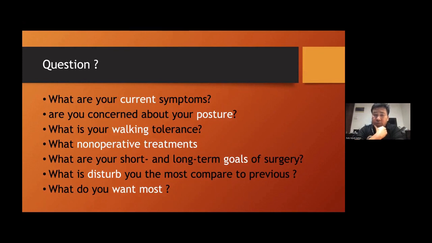surgery of the patient. It's very important, because sometimes as surgeons we like to say that the best treatment is this, but sometimes the best treatment for the surgeon is not the best for the patient. So we need to ask after the first surgery, what is your goal if you want to do the second surgery, what disturbs you the most compared to the previous one, and what do you want most now?